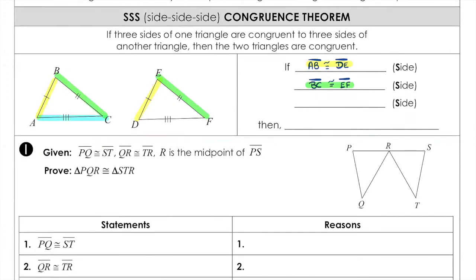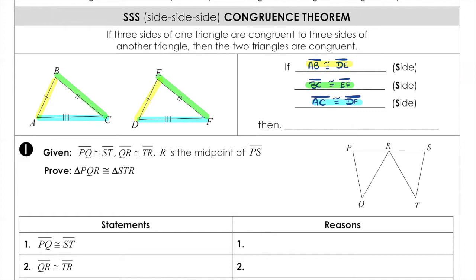AC is congruent to DF. So do we have 3 pairs of congruent sides? We do. So because we have 3 pairs of congruent sides, we can write a congruency statement.